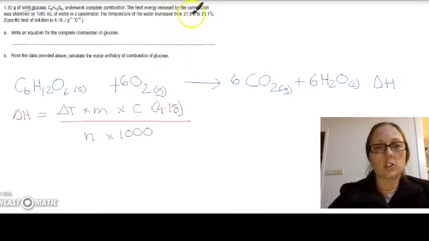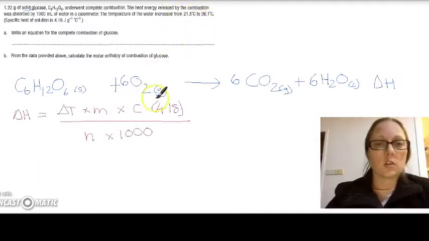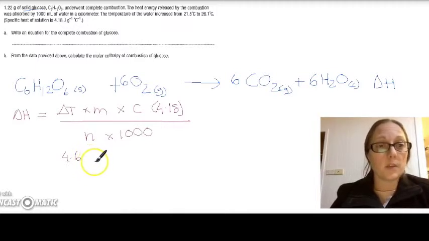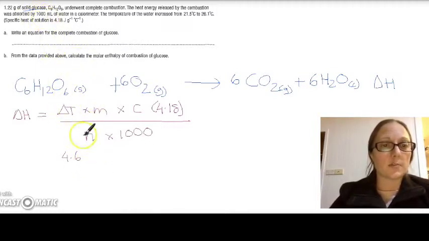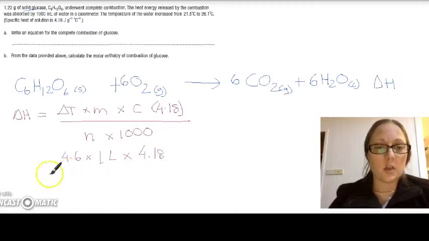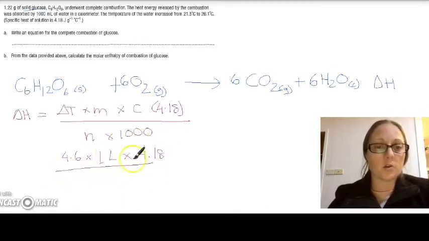So if we have a look at the change in temperature here, we've gone from 21.5 degrees to 26.1, which is a change of 4.6 degrees. We're interested in the mass, but we're only interested in the mass of the water, and so we can see that we've used 1000 milliliters, which is the same as 1 litre, times by heat capacity, which I said before was 4.18. We're going to divide that by number of moles times by 1000. So we can do the times by 1000 bit now.